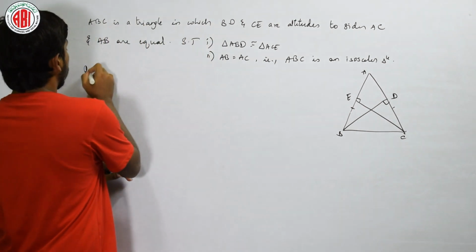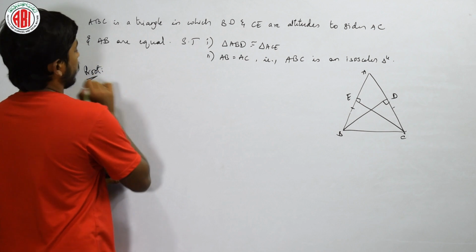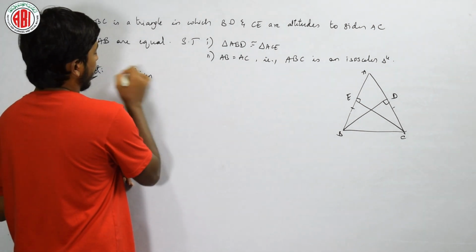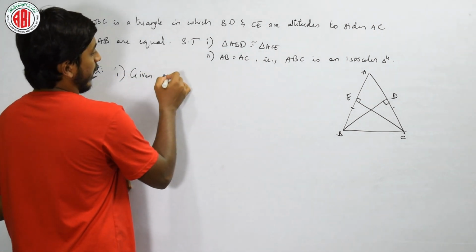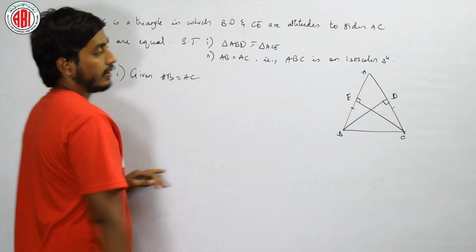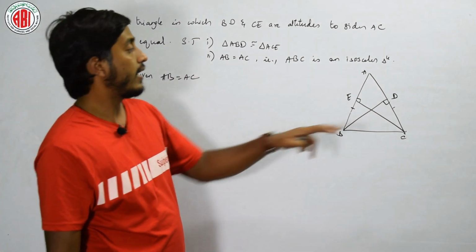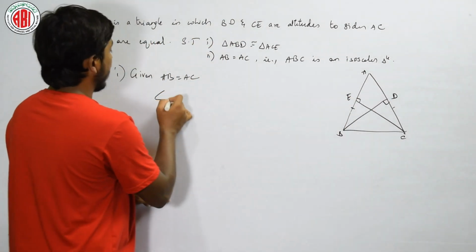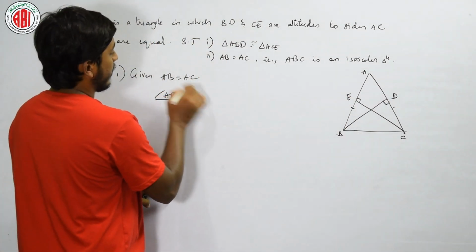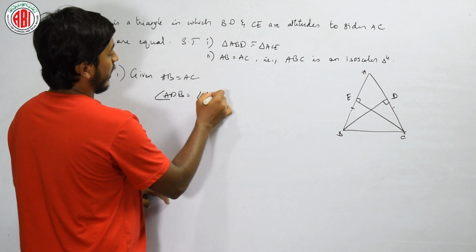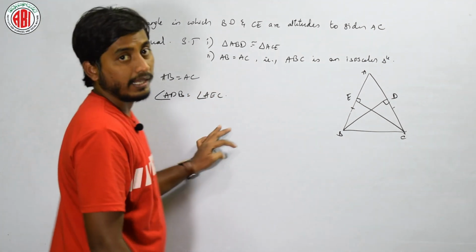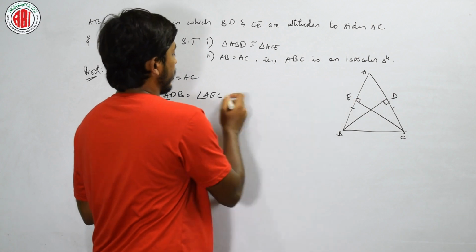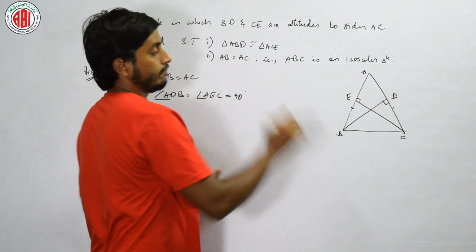If we observe, given for the first one, AB is equal to AC, right? They gave that these are altitudes. Altitudes means angle ADB is equal to angle AEC, right? This is 90, this is also 90, that is equal to 90.